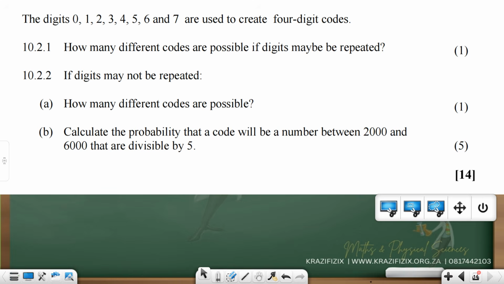How many different codes are possible if the digits may be repeated? Digits may be repeated.